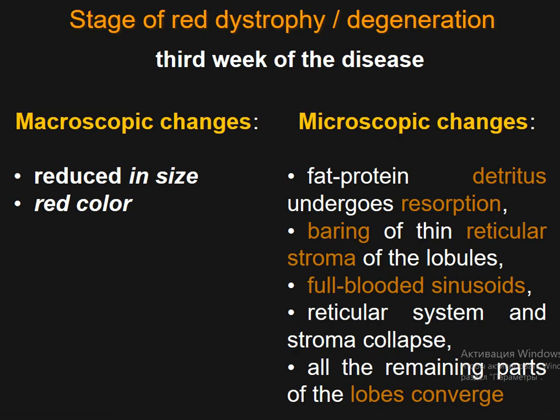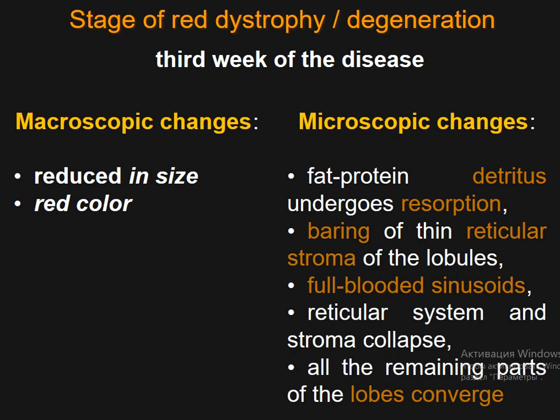Second stage, we name like stage of red dystrophy or degeneration. It occurs in third week of the disease, and we see absolutely different morphological picture. Macroscopically, the liver is reduced in size and has red color. Microscopically, fat protein detritus undergoes resorption.